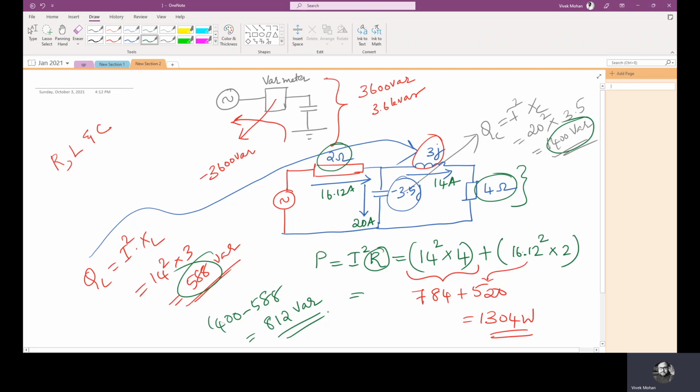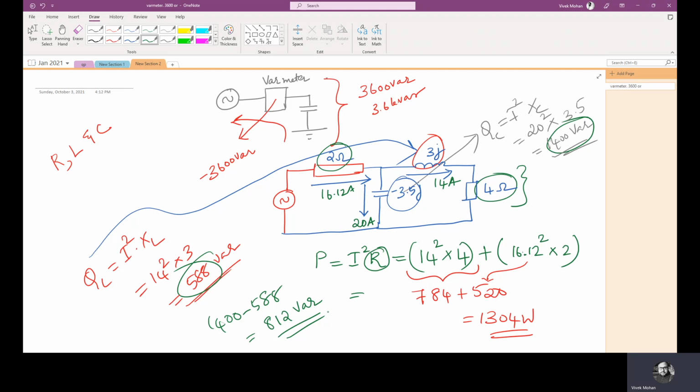All the elements which generate and absorb reactive power are already considered. Now the remaining reactive power in the circuit should be absorbed by the generator. Hence, as far as reactive power is concerned, the generator acts as a load.